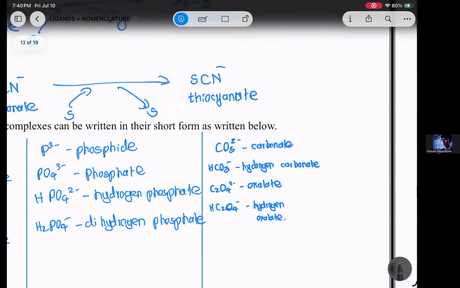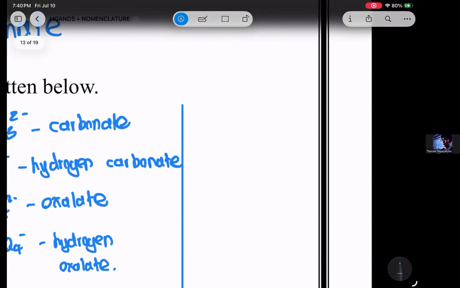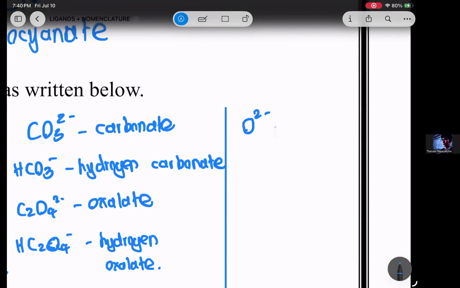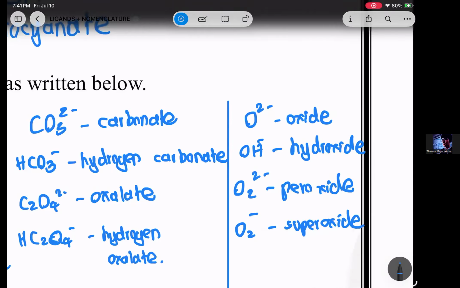And then finally, you have oxygen containing compounds: O2 minus, oxide; OH minus, hydroxide; and O2 2 minus, peroxide; and then O2 minus, superoxide.